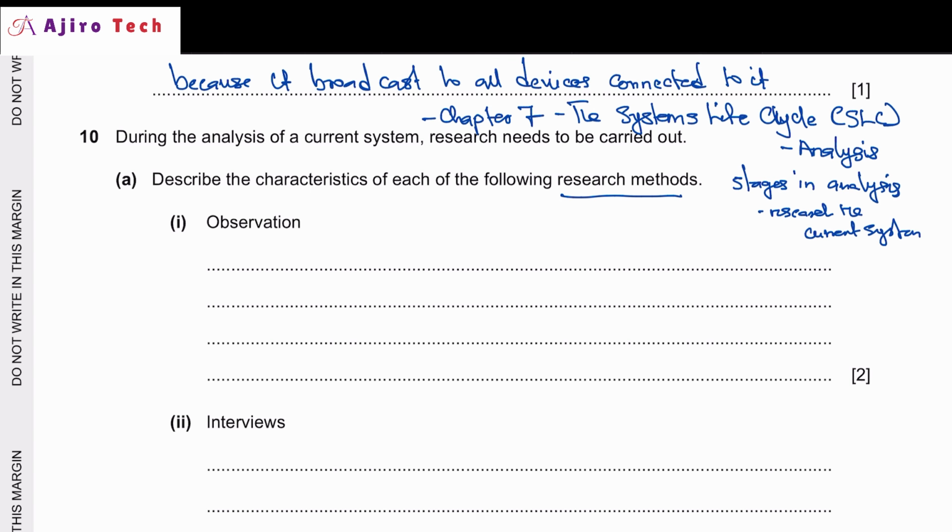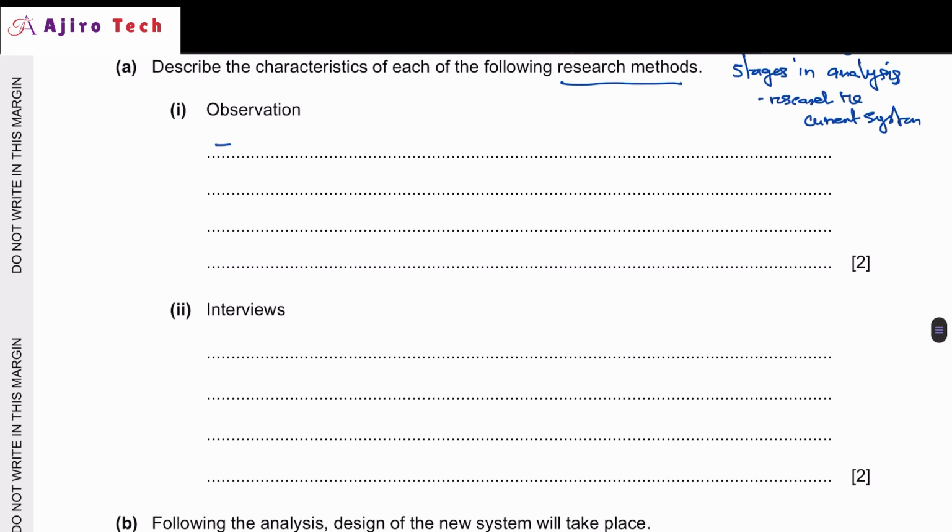Okay, so with what I've explained, let's look at the characteristics of them. There are 2 marks, so that's 2 points. One, it involves watching people use the current system to see how it works.